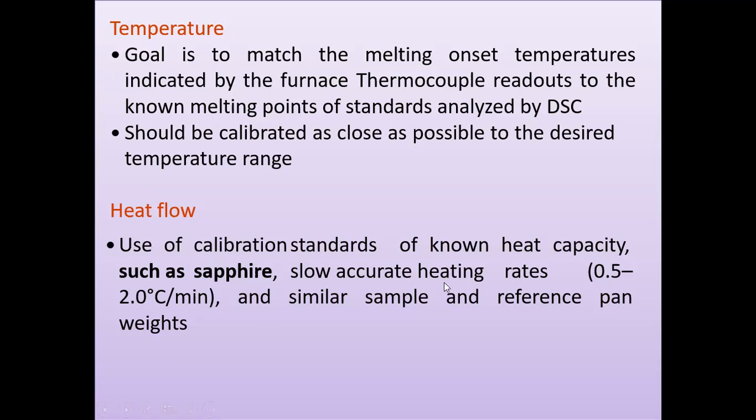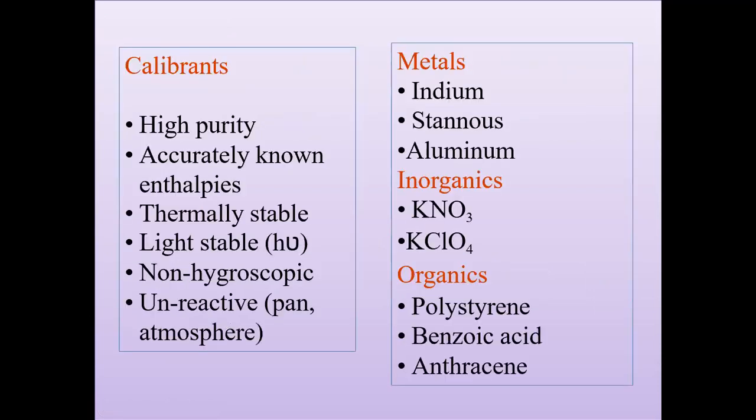And the heat rate we are maintaining in this DSC, remember the number, is 0.5 to 2 degrees centigrade per minute. So per minute we are going to pass the heat in the range from 0.5 to 2 degrees centigrade, with similar sample and reference pan weights. Okay, so that is the heat flow and calibrants.